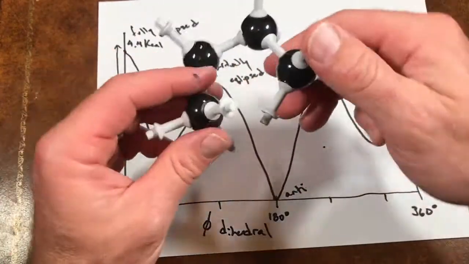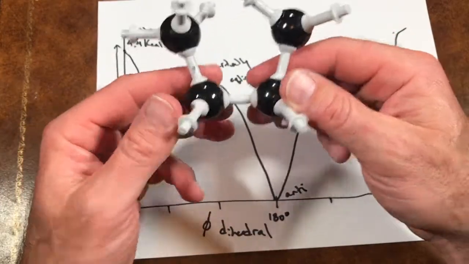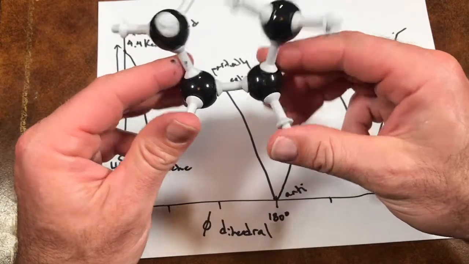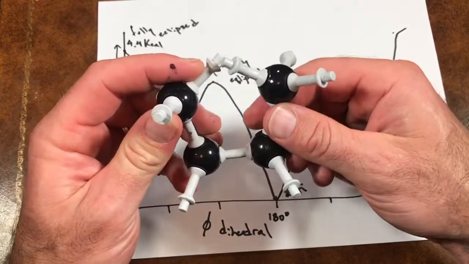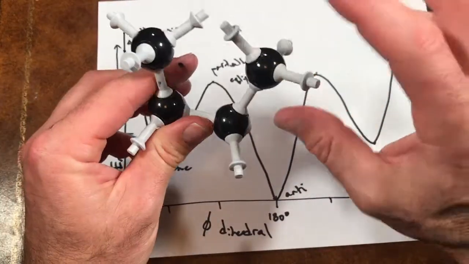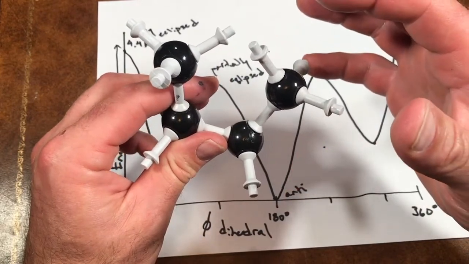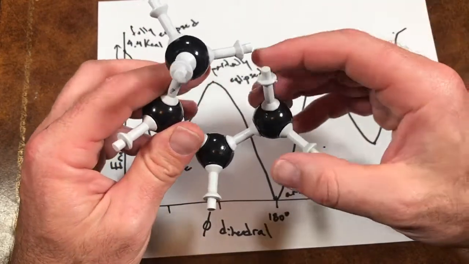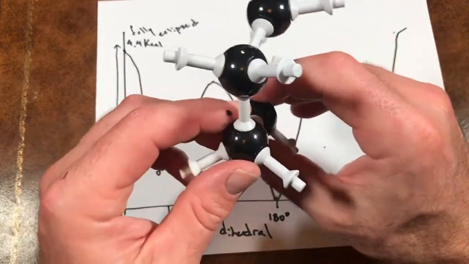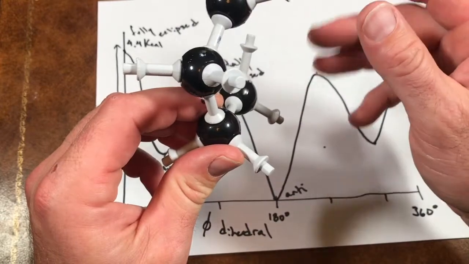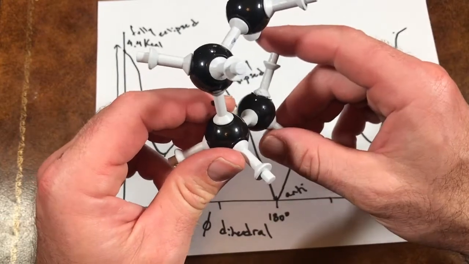Obviously this only has one major site along this bond of torsional or steric interaction. But if I had other groups out here, even in simple alkanes, we would have to consider those too. We would do a Newman projection where we sighted down that particular bond and counted up all the energetic contributions.